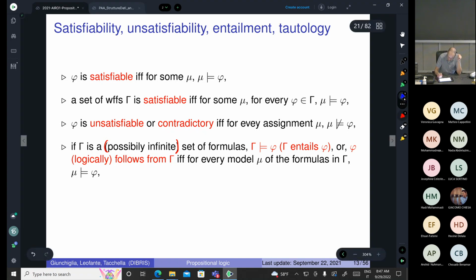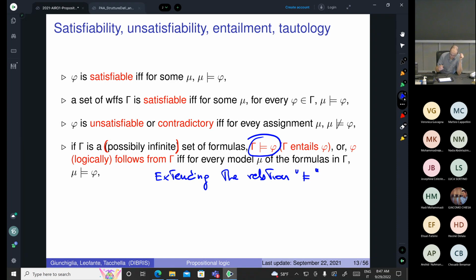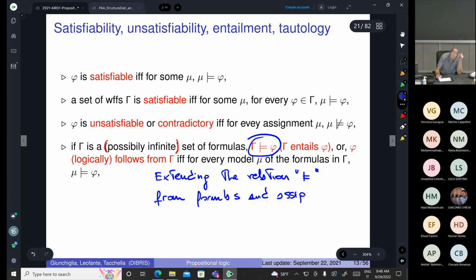So if you have a set of formulas, you write this. You are extending the double turnstile relation from formulas and assignments to sets of formulas. Even better, rather than extension, this is an overloading.